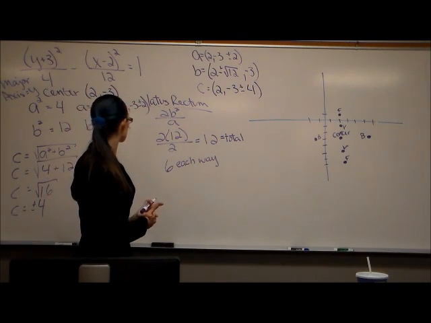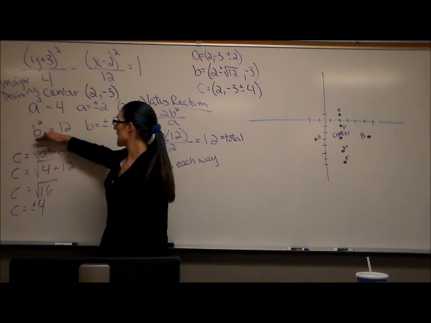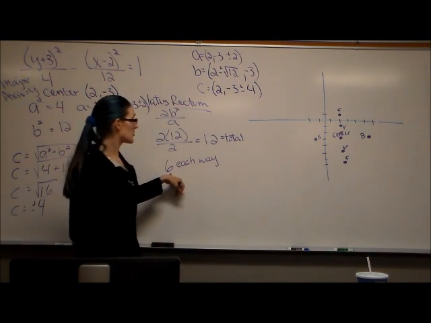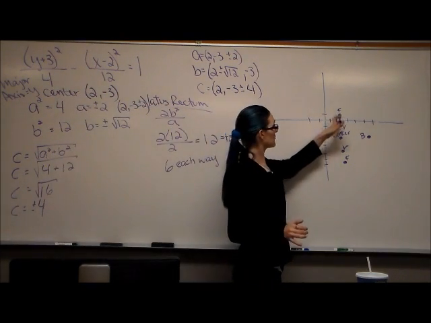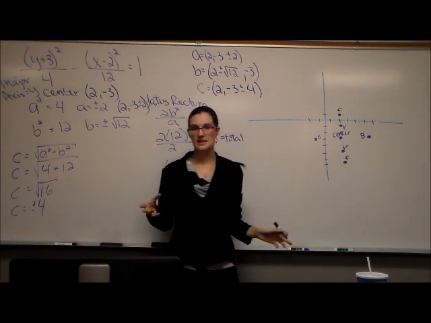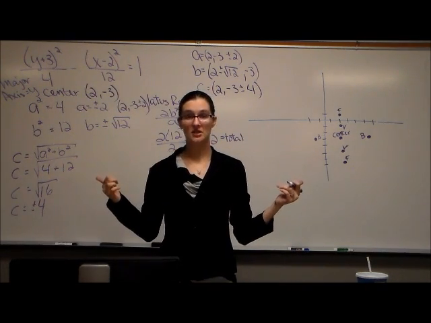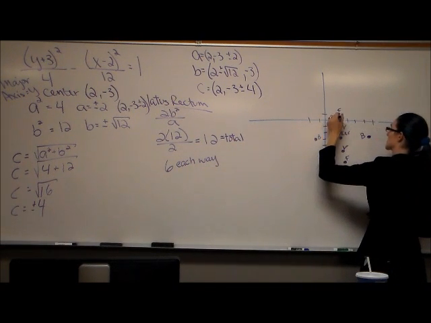So now what we have left is your lattice rectum. We haven't done that yet. We've worked our way down. We've done A, we've done B, we've done C. Next is your lattice rectum. We're going 6 each way from the focus. So here, if we went up and down, we'd run into our vertex in our center. Because the major axis is the y, we're actually going to go left and right. So you're going to go 6 points left and 6 points right.